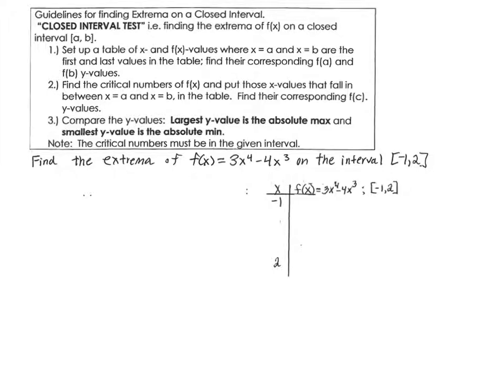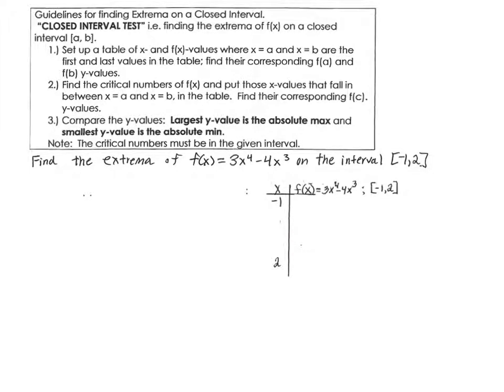So the first thing that we want to do is determine what interval we are looking over. And we're looking over the interval negative 1 to 2 for this function right here. So what we want to do is set up our table and have negative 1 as our first x value, 2 as our last x value, and any critical values that we find in between the interval we can put in the middle of the table.